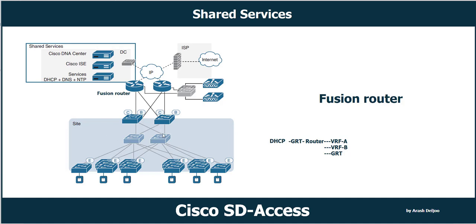In our scenario, SDA, we have different virtual networks, and we will have macro segmentation. I will explain about it. And after that, in all VRFs, we need to have connectivity to some shared services like DHCP or Dynamic Host Configuration Protocol.